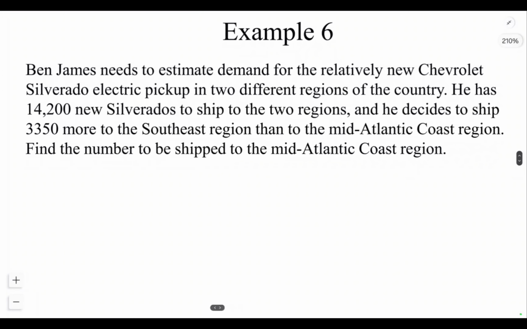All right. So we got us a nice word problem here. It says Ben needs to estimate demand for the relatively new Chevrolet Silverado electric pickup in 2 different regions of the country.